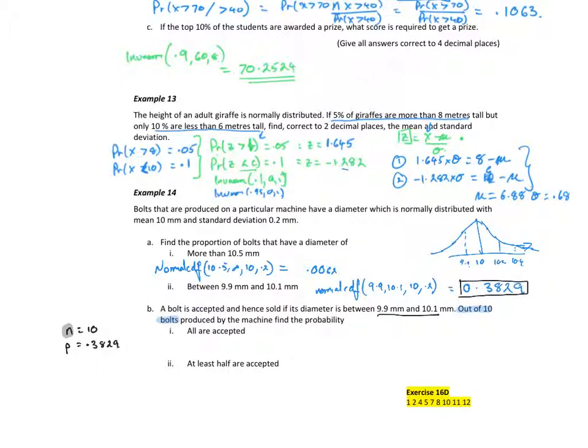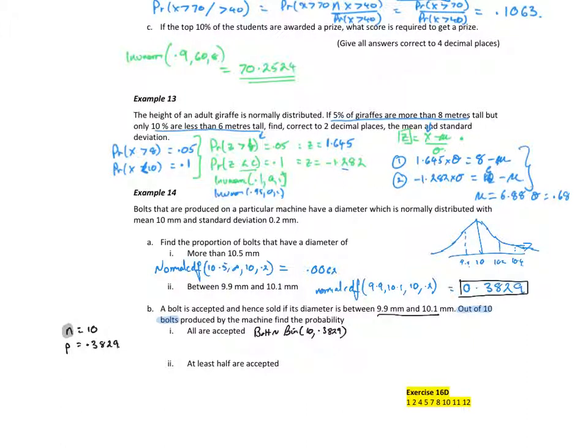So it becomes binomial now. So we can say, if you like, the bolts are distributed binomially with 10 trials and a probability of success of 0.3829.